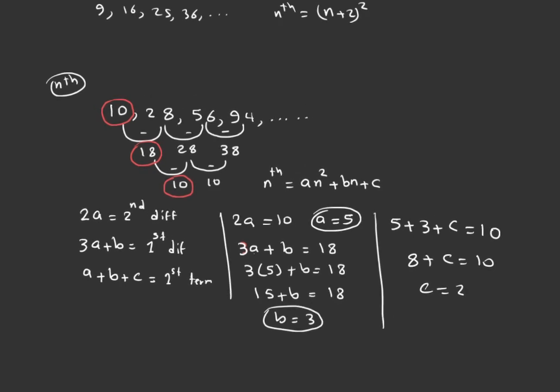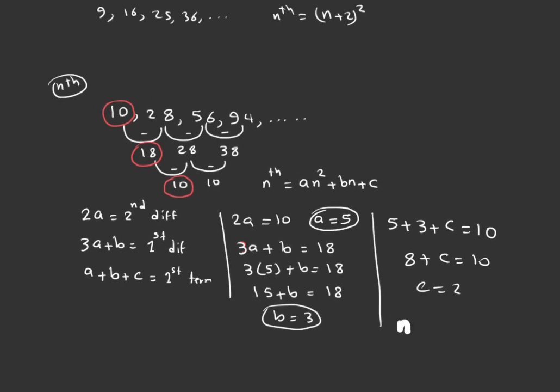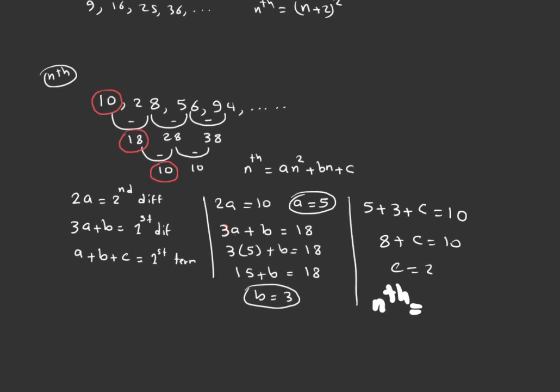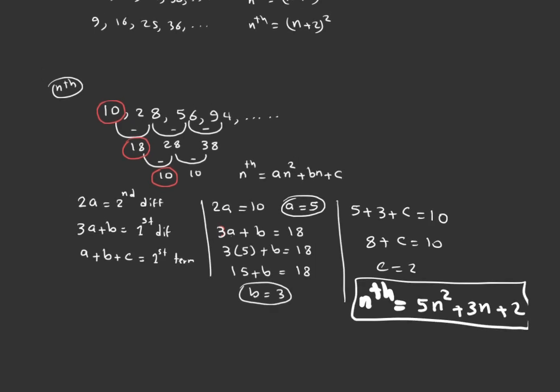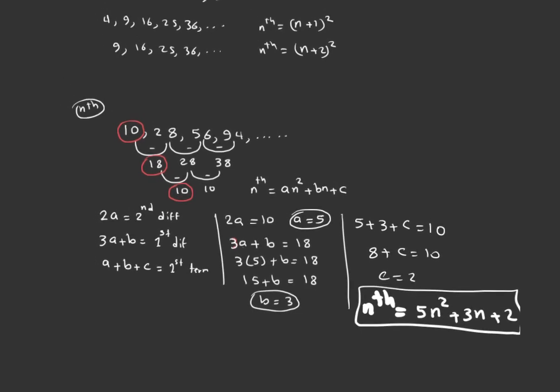Now the nth term for this sequence equals a n squared, so 5n squared, plus bn, so 3n, plus c, which is 2. This is the nth term for this sequence: 5n squared plus 3n plus 2. And you can check your answer. Put n equal 1, you get 10. Put n equal 2, you have 28.